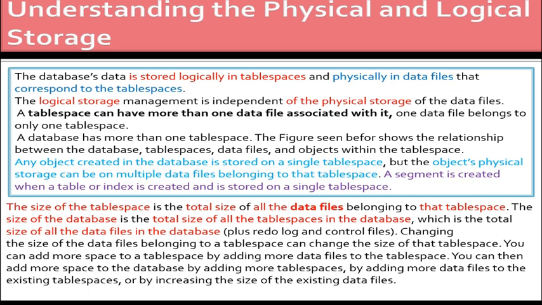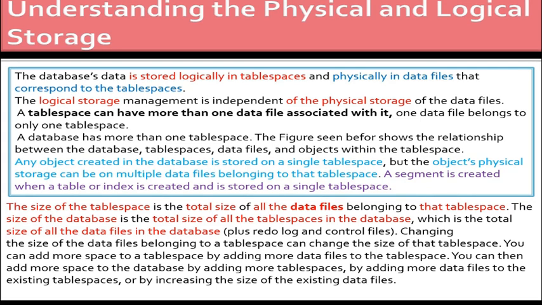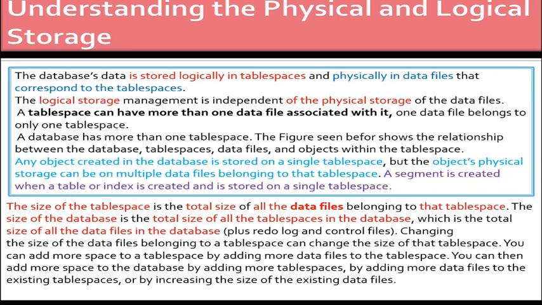Any object created in the database is stored on a single table space, but the object's physical storage can be on multiple data files belonging to that table space. A segment is created when a table or index is created and is stored on a single table space.